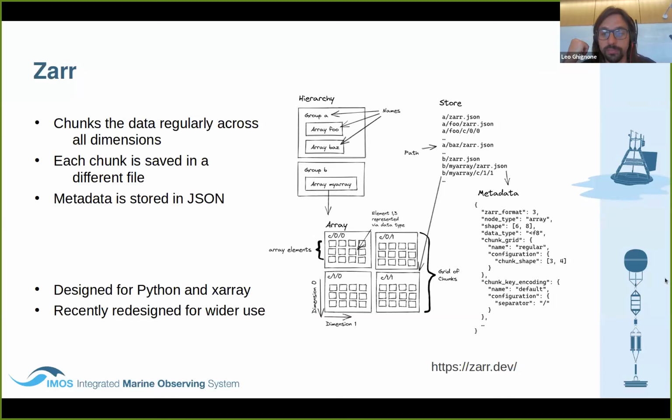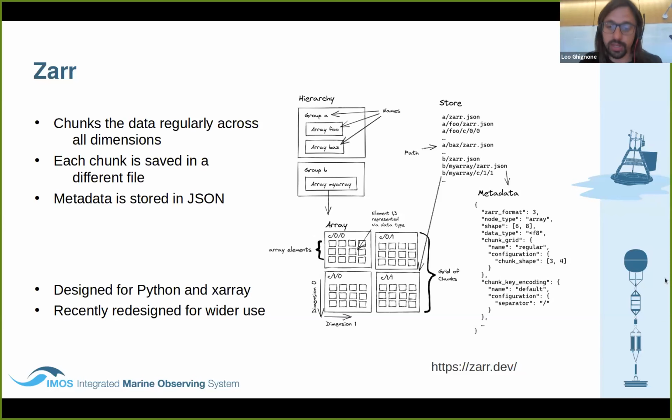Then it has basically an index in the metadata that tells you where to find the data you're looking for. For example, if your data set is organized by latitude, longitude, and time, you will know that latitudes between 42 and 43, with longitude between 20 and 21, and time between 2003 and 2004 is stored in this particular file.